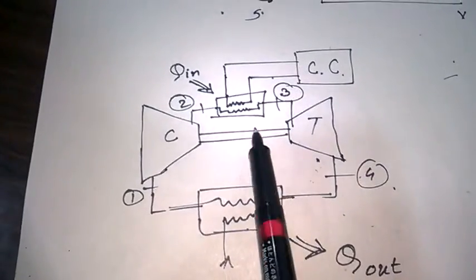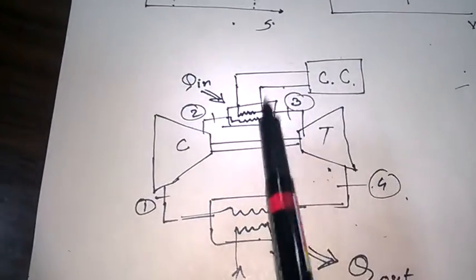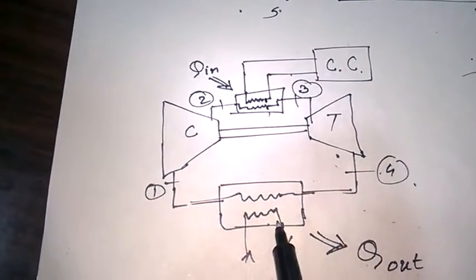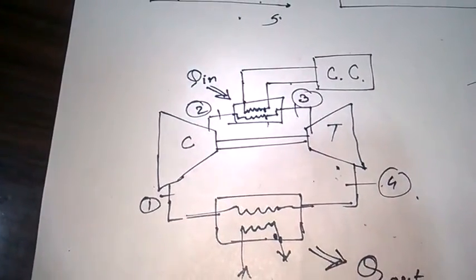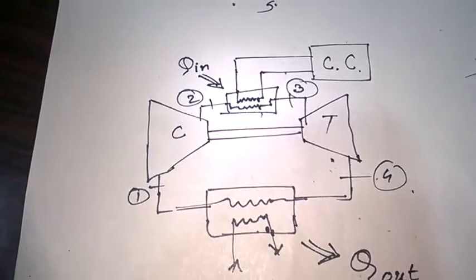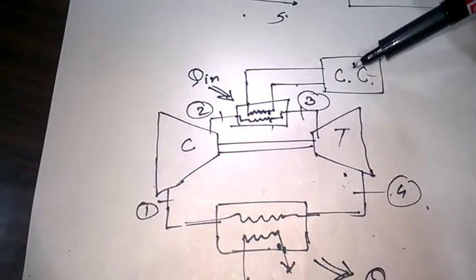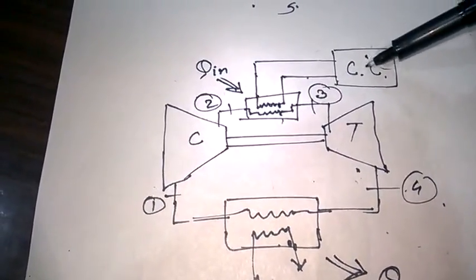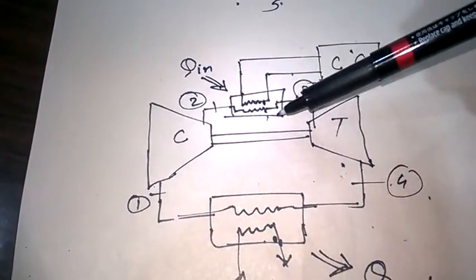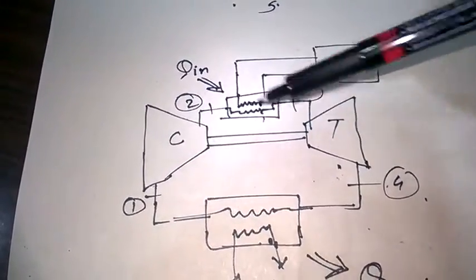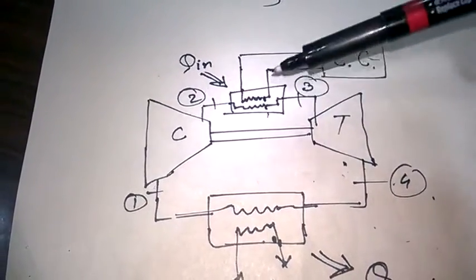Now the combustion chamber is replaced with a heat exchanger, and here is also another heat exchanger. This heat exchanger supplies the heat. This heat exchanger takes the heat, or rejects the heat, from the system, right? The combustion chamber is added outside, so the burning of the fuel is here, and through that the heat is transferred from the hot gases to the gas or any fluid which is circulating in the system.